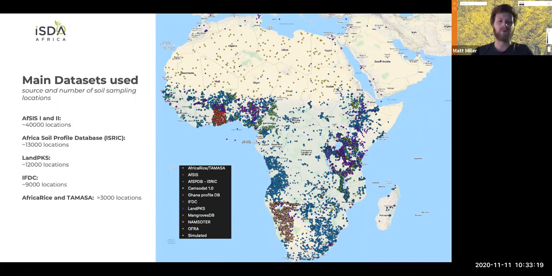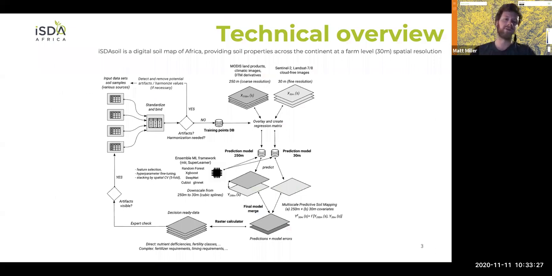It's all well and good having point data, but how do we get to a nice consistent 30-meter map? So here's a technical overview that I'll give you some details on. Just briefly, we did ensemble machine learning. We've predicted for about 24 billion locations across Africa. The first thing we need to do with all this data is standardize it.